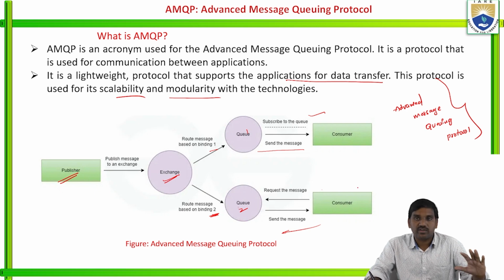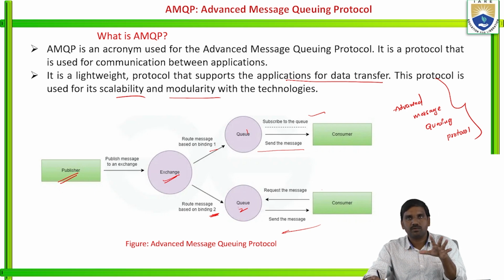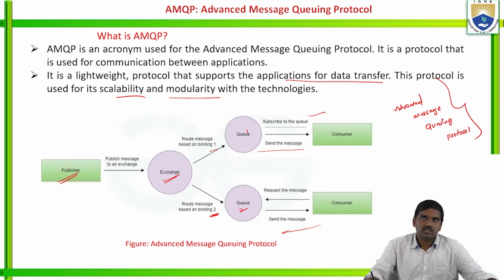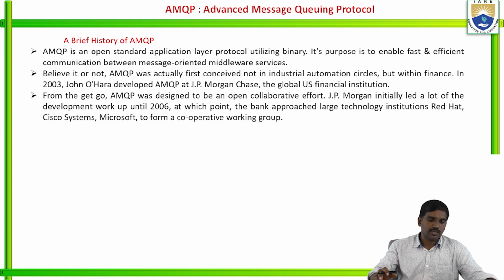This is the working process from publisher to subscriber with the help of queues in the middle of the block diagram. This is AMQP, Advanced Message Queuing Protocol, which is best used to improve scalability and modularity with the latest technologies.